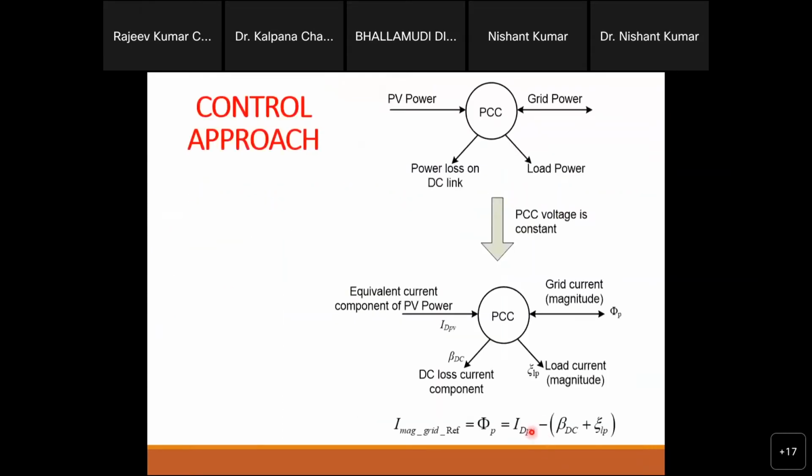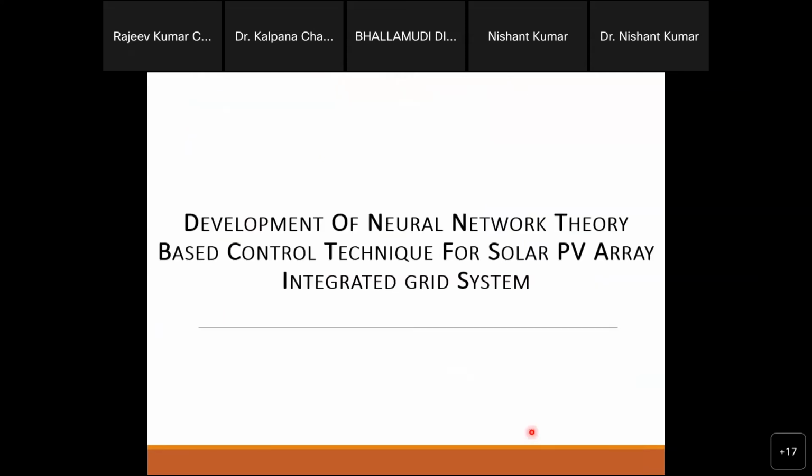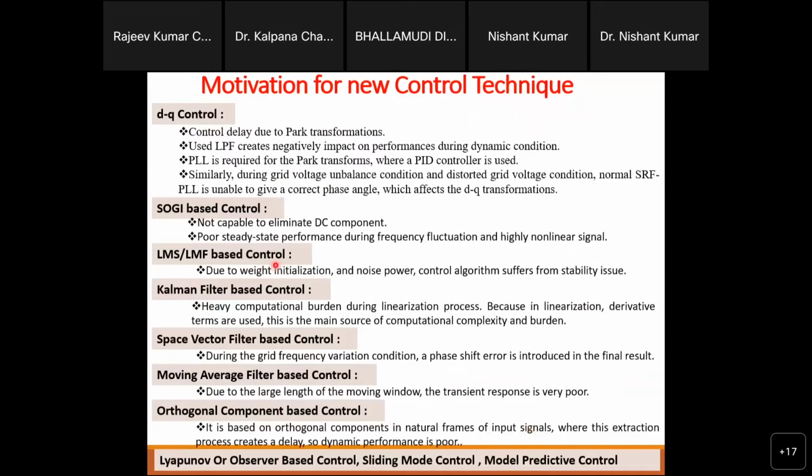For that purpose, if you go through the literature, you will see hundreds of control techniques available, and everywhere you will see some issues, right? For example, the most popular one is DQ control, also known as the commercial control, which most of the industry mainly uses, but the issue is on the dynamic side.